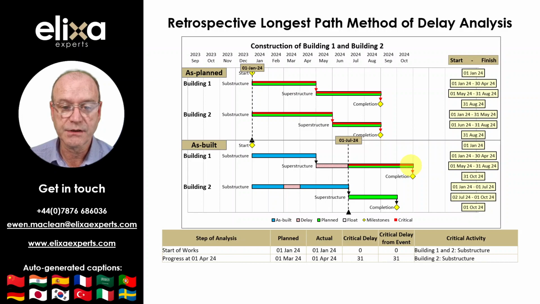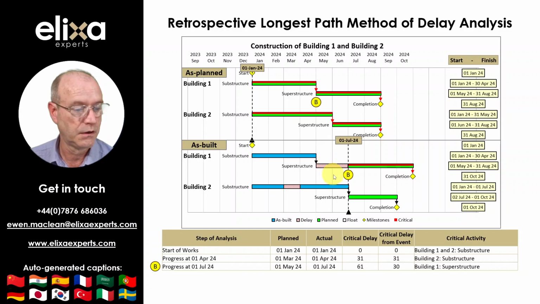Whereas the second delay between the 1st of May and the 30th of June to the Building 1 superstructure lasted 61 days, it is evident that it only caused 30 days of critical delay. This is because, despite there being 61 days of critical delay overall, as shown between point B in the as-built and as-planned programs, there had already been a 31-day delay by the 1st of April, meaning there was only a further critical delay of 30 days arising from the Building 1 superstructure delay.